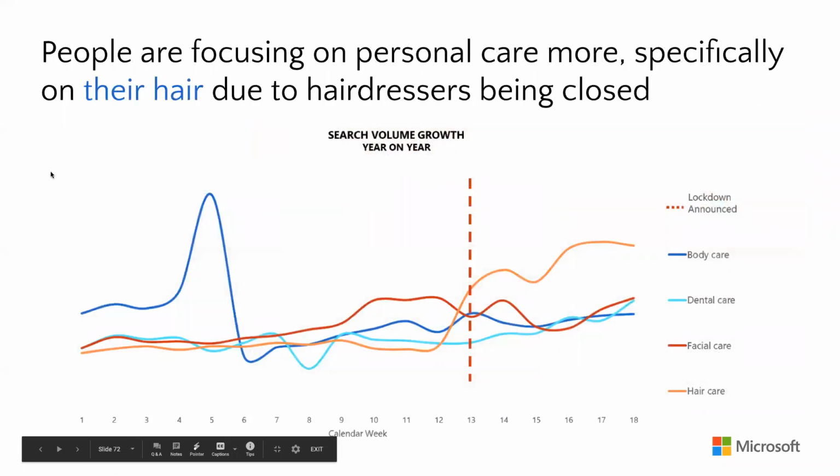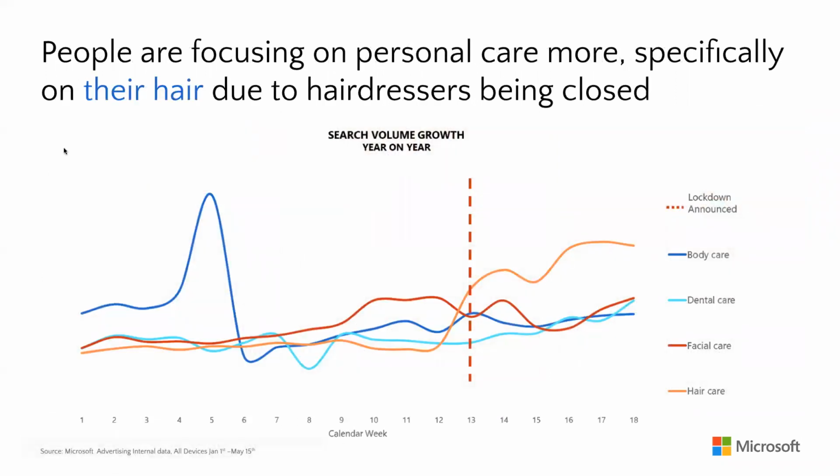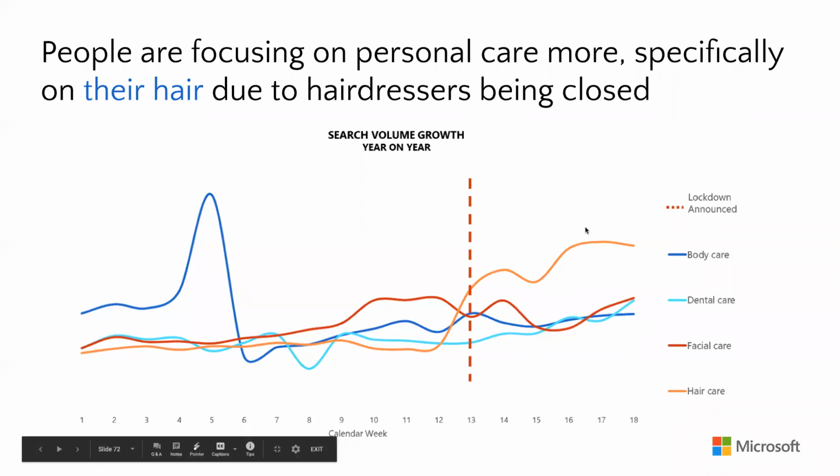So if we look at personal care, we saw quite an increase in hair care. Now I've actually removed hair clippers from this, so it is just hair care products. And as well as that, we're seeing quite an increase in facial care and dental care. So products around those areas people are really focusing on.